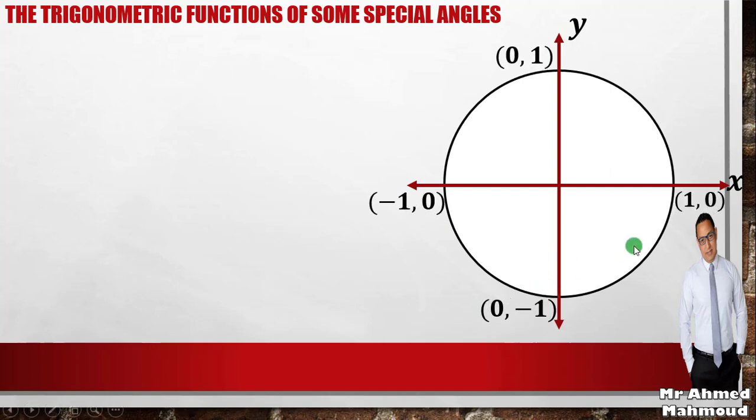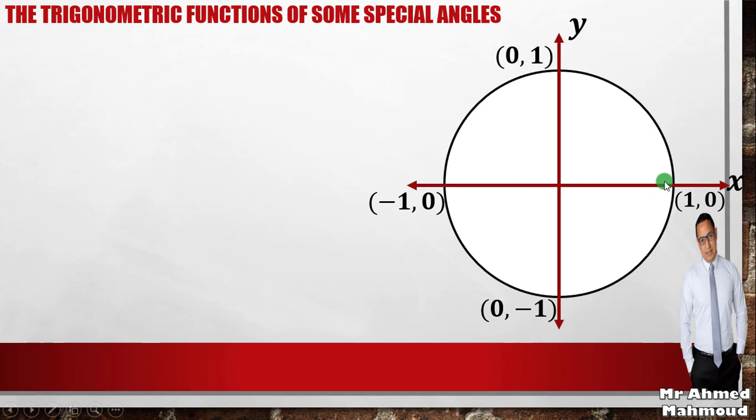Now, as we studied in the last lesson, this angle equals 0 and this angle equals 90 degrees, this angle equals 180 and this angle 270, and 0 of course looks like 360.